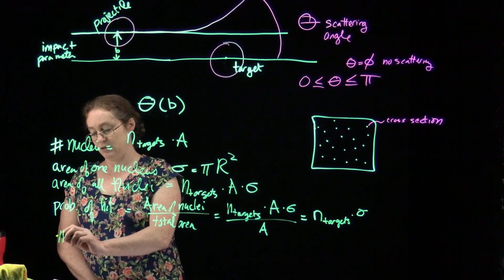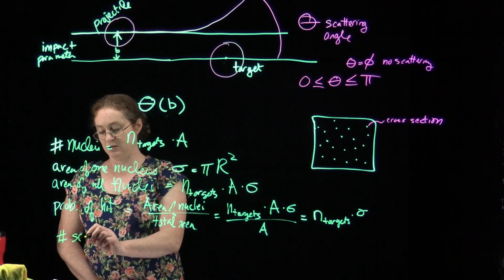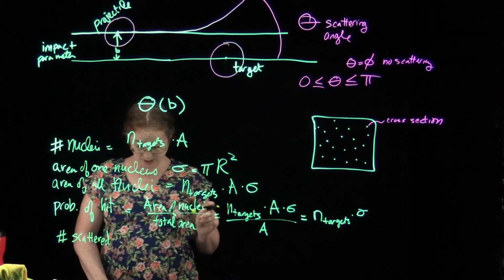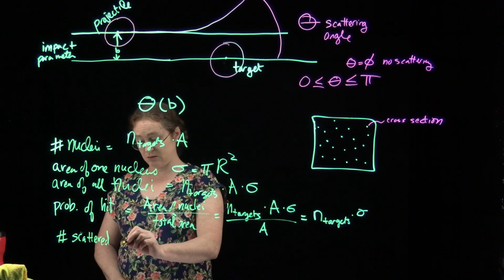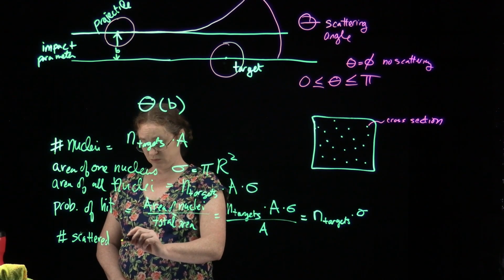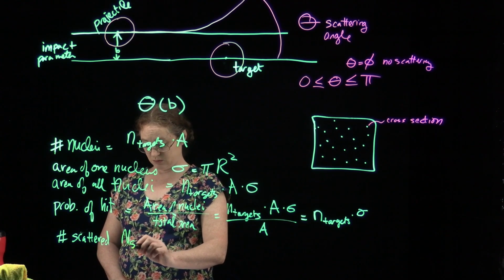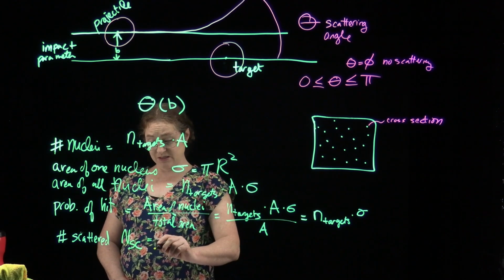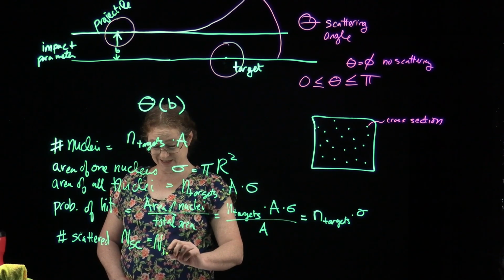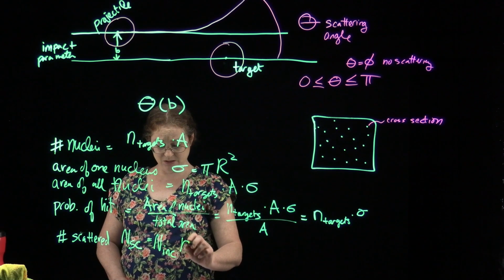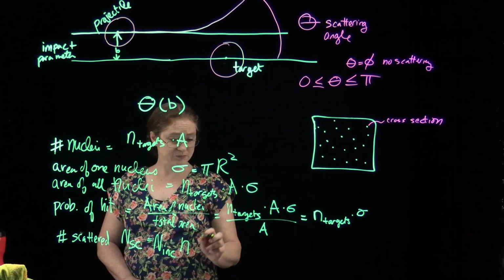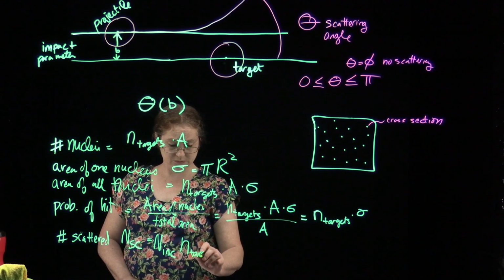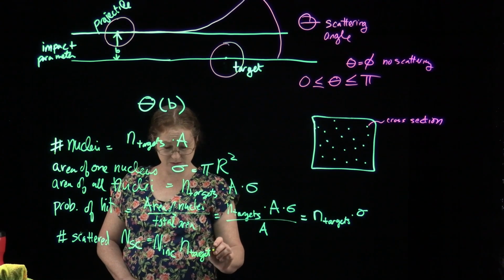And then the number of scattered projectiles, this N_SC, is the number of incident projectiles times the probability of getting a hit for each projectile.